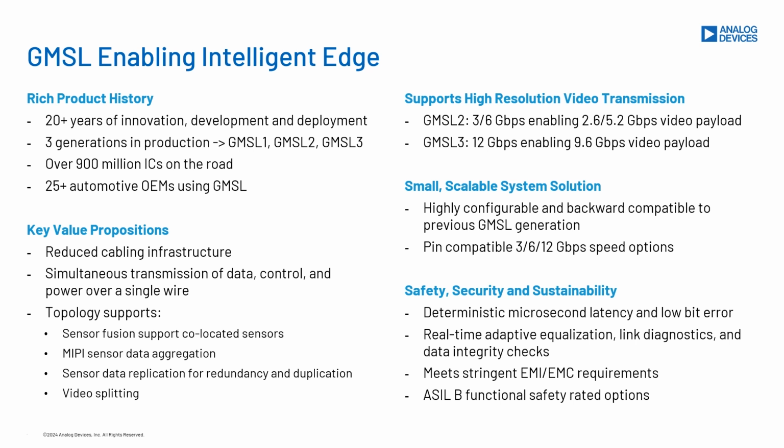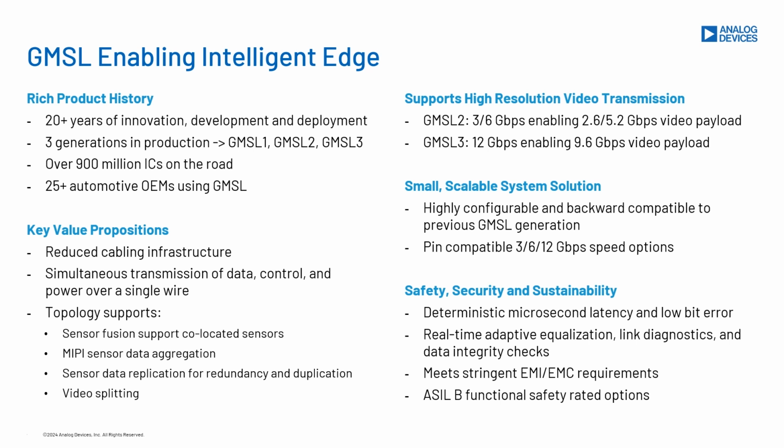The key value proposition of GMSL is to reduce cabling or wiring infrastructure. As I mentioned in the previous slide, as a SerDes solution, GMSL can not only transmit data, but also bidirectional control and power signals simultaneously over a single wire.